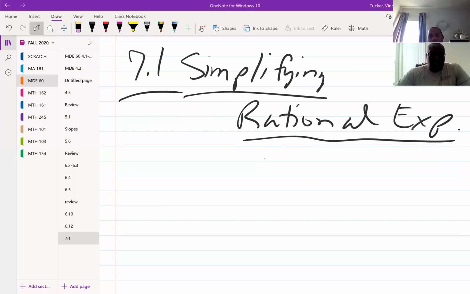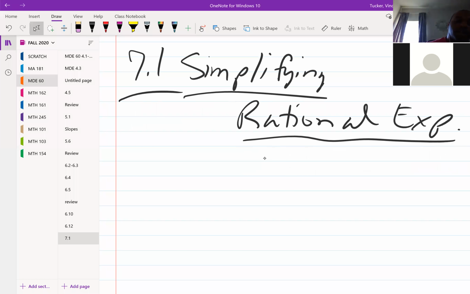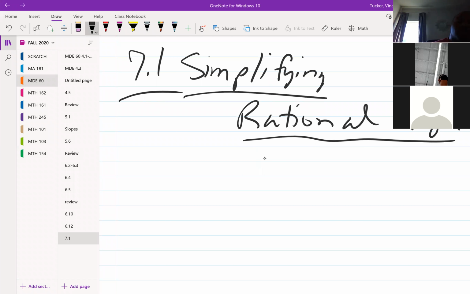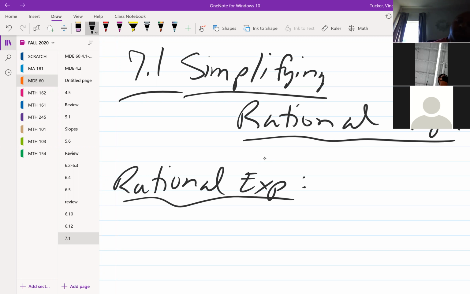All right, so 7.1, simplifying rational expressions. An example of a rational expression. Basically, well, any fraction is considered a rational expression, but the main ones we're talking about are when you have a variable in your denominator.